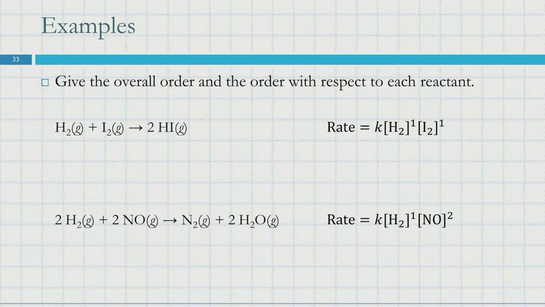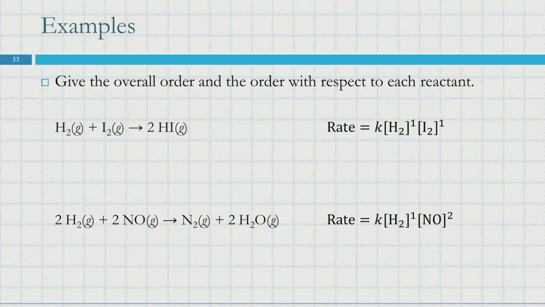Some examples of that. We've got two different equations here, both with two reactants. We've determined the rate for each of them, and we've got the order for each of the reactants. We probably determined those separately.